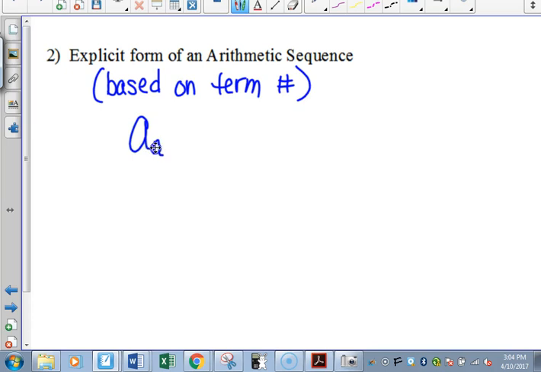Any term in a sequence is equal to, what does that mean in words, guys? The first term plus the difference. Now, think about this for a minute. If I want the 10th term, how many times do I actually add the difference onto the first term? One less than that. That's exactly right.